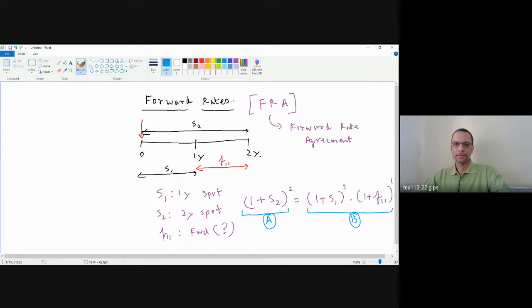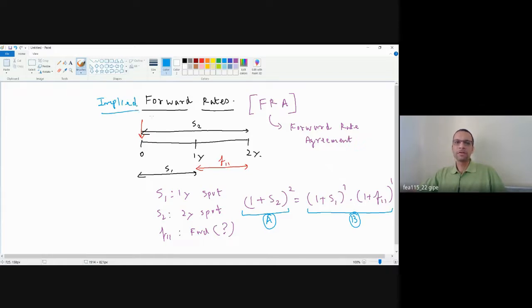So is this okay? Again, a simple equation which relates these two important ideas, spot and forward. Let me see what's the next point on the discussion. This is at times also called an implied forward rate. They mean the same thing. Why implied?